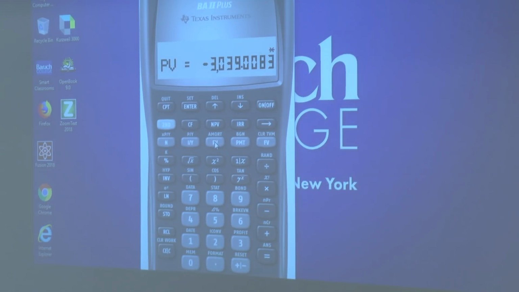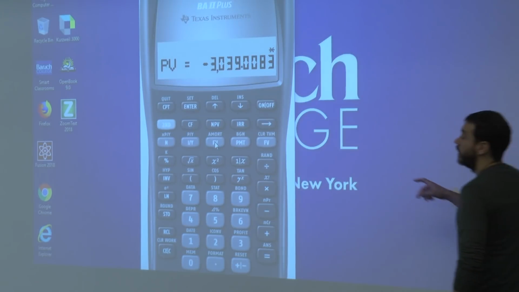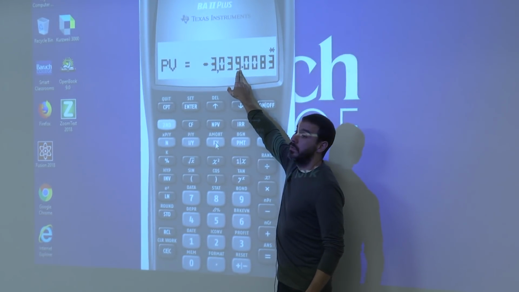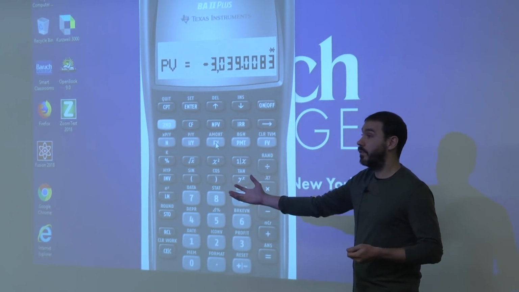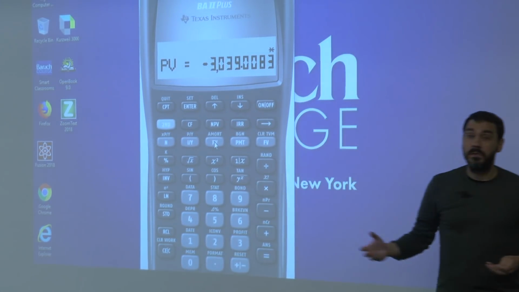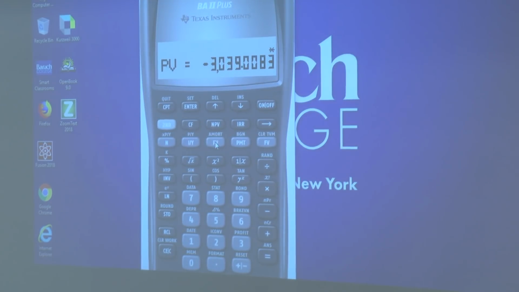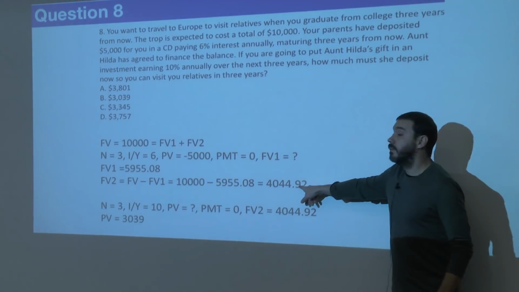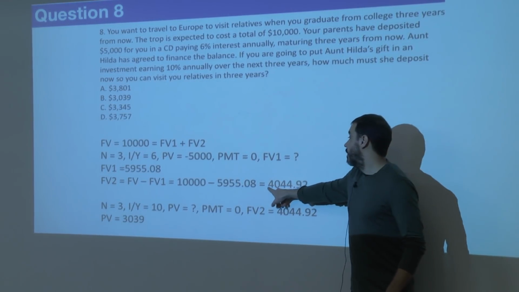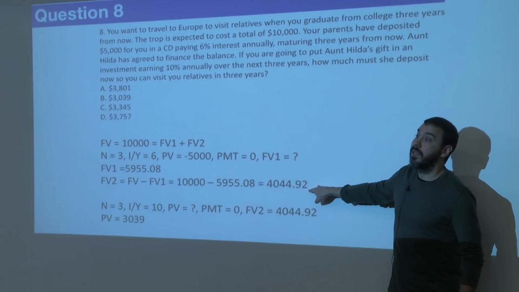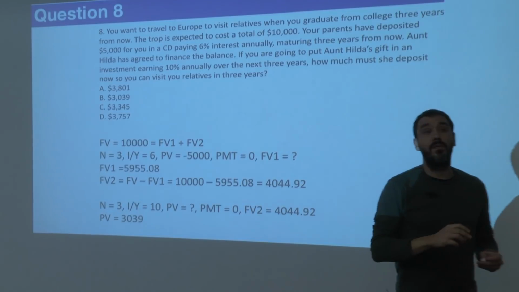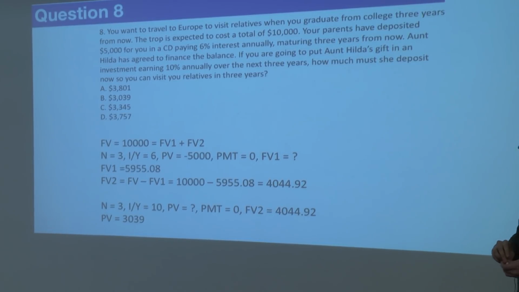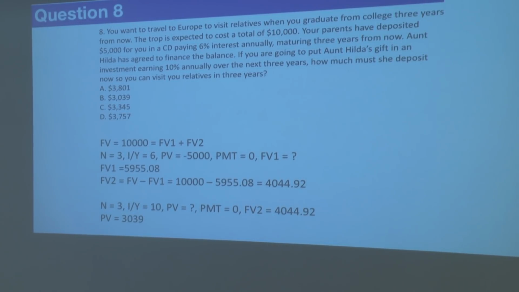Compute present value. This is the amount that my aunt needs to put down at 10% now so that in 3 years it will grow to this amount. The part of the $10,000 that is not covered by my parents' gift of $5,000. Yeah.